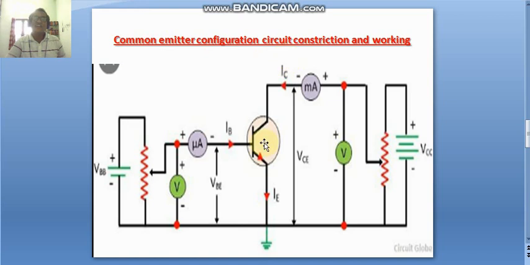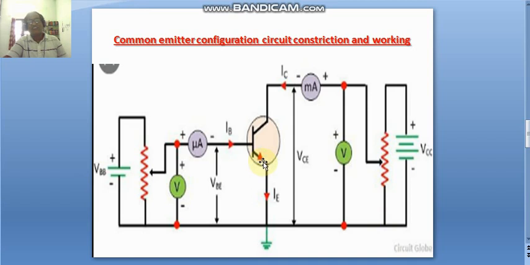Now we are connecting this transistor in common emitter configuration mode. Here also the transistor is NPN. As we discussed previously, the recognition of the type of transistor depends on the conventional direction of the current or the input connection to the battery.